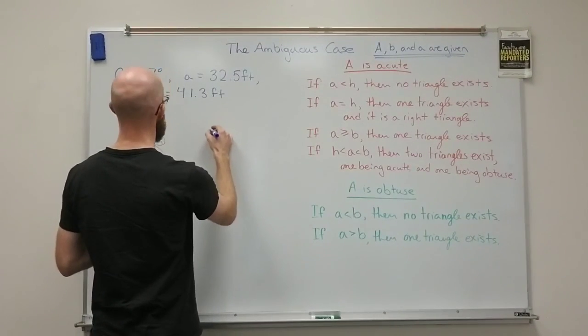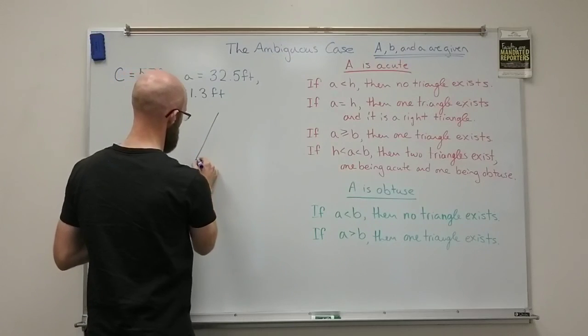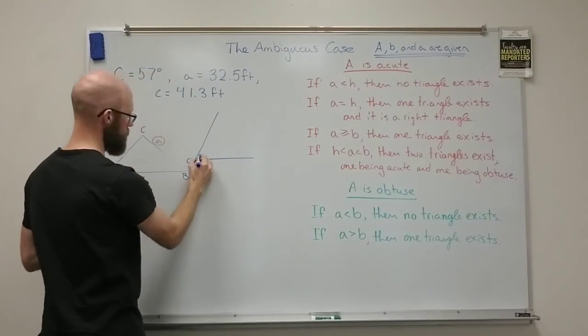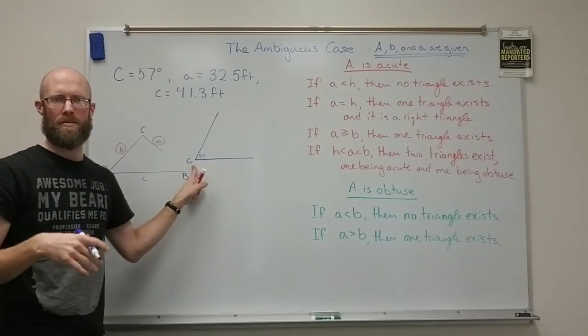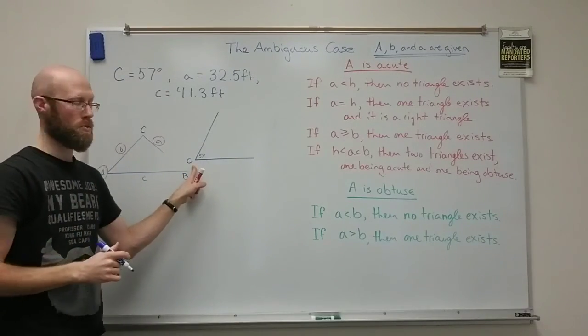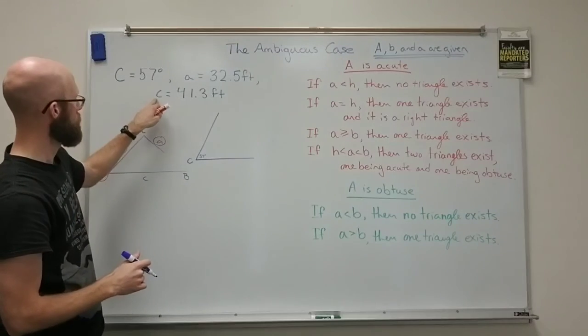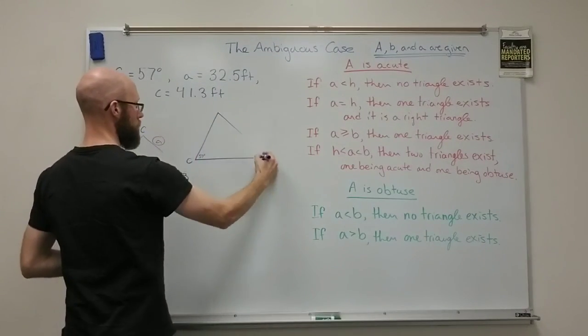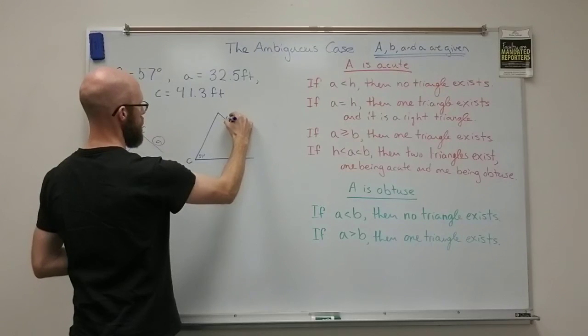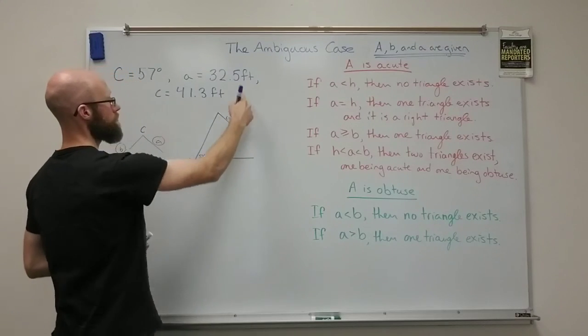So what I have now is a 57-degree angle, that's C. The given angle, I always put on the bottom left, because the visual is easier to work with. Side C is the opposite, up here somewhere, 41.3.